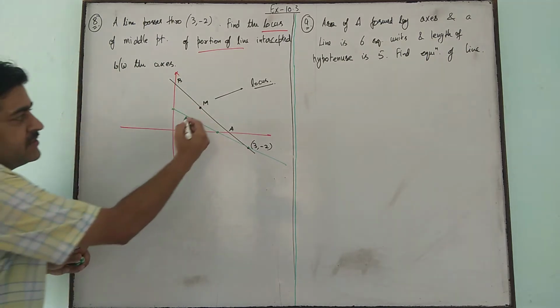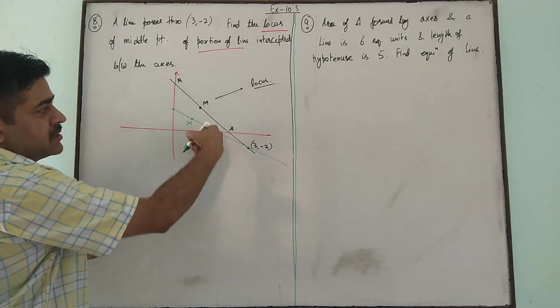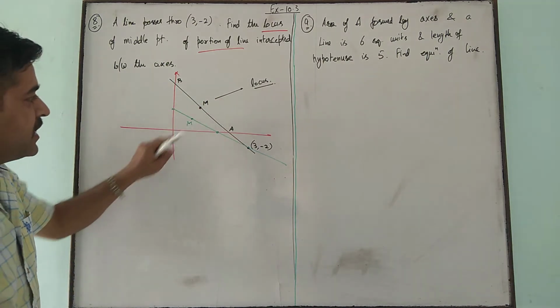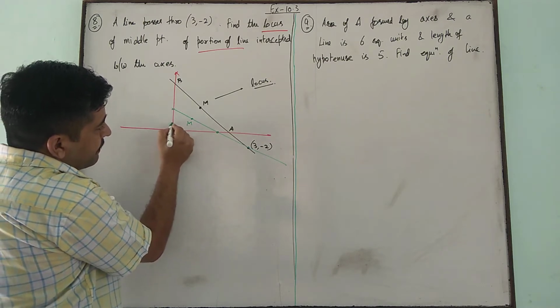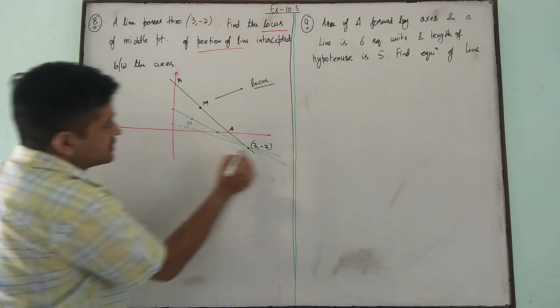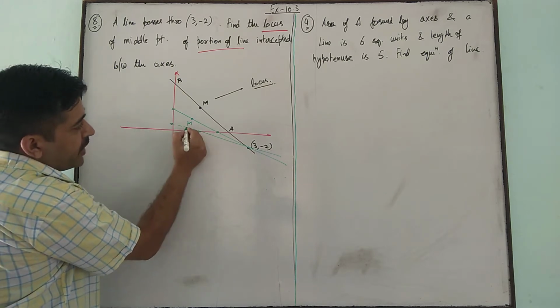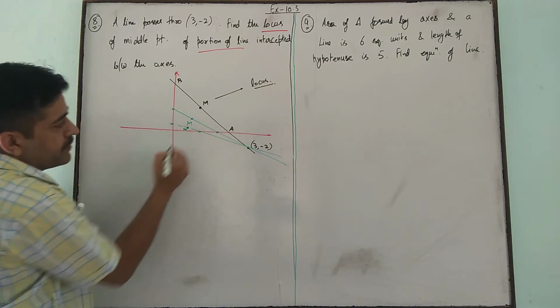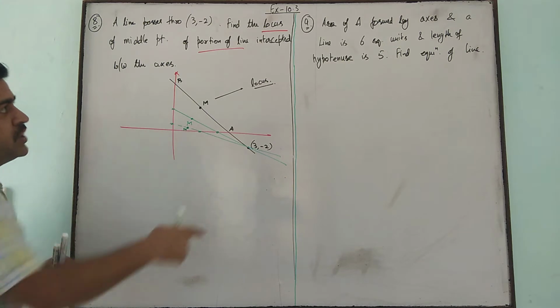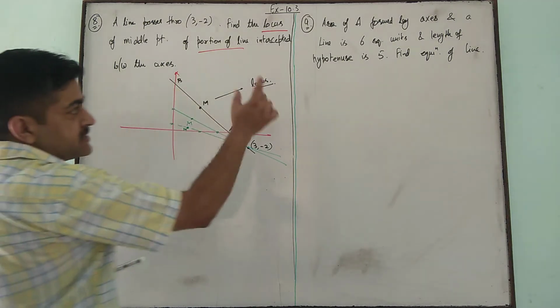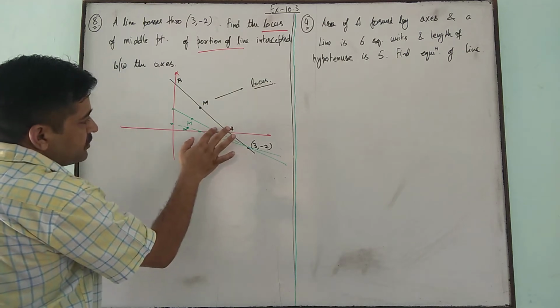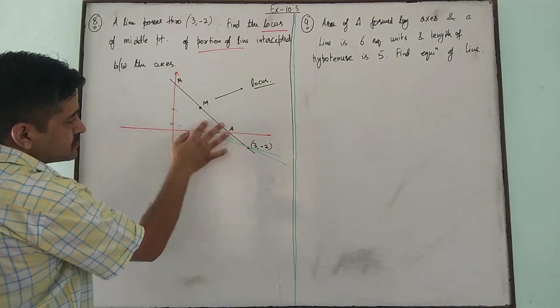Now you can see that this M is making a path. If it is like this, then the middle point will be somewhere here. Then it is making a path. So you have to find that path, the equation of that path. Locus is basically the equation or the path traced out by the point, right?